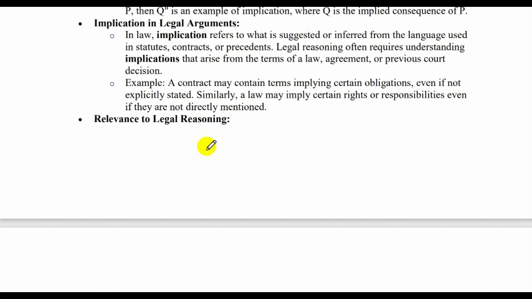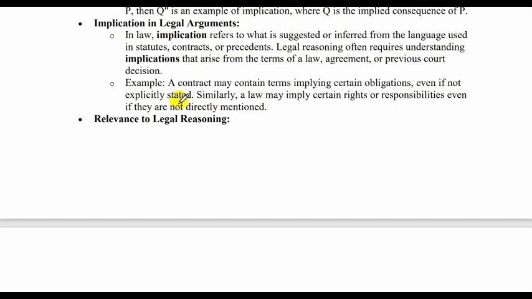Let's take an example. A contract may contain terms implying certain obligations, even if not explicitly stated. That particular term may not state anything explicitly, but it is understood what that particular paragraph of the agreement means.